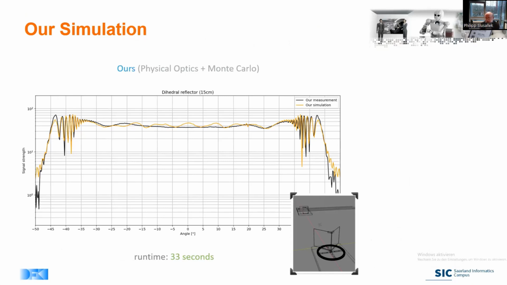So this is our simulation compared to our measurements, which are not the best measurements you can do, but they're pretty decent. And you see that the simulation matches the measured signal fairly well in most areas. And we can simulate a 360 rotation of the object here in 33 seconds.